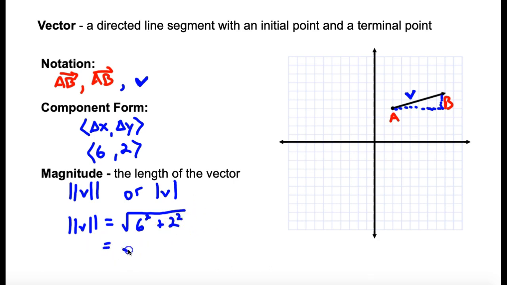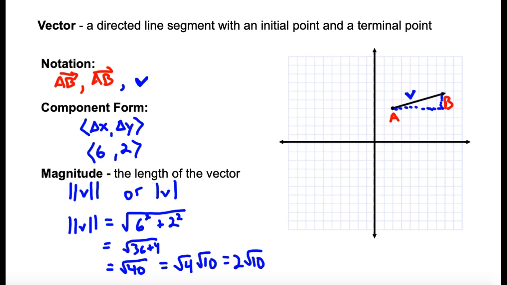That'll be the square root of 36 plus 4, the square root of 40. And then we can simplify this. This would split up into the square root of 4 and the square root of 10. So we can say the magnitude of this vector as an exact value would be 2 times the square root of 10. So the magnitude is just the length of the vector.